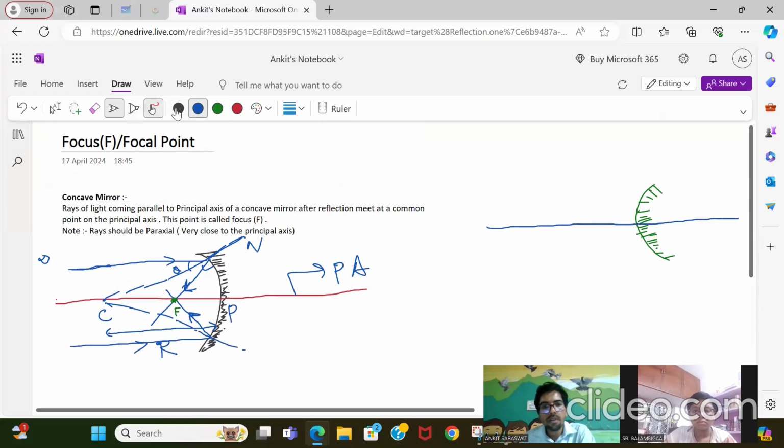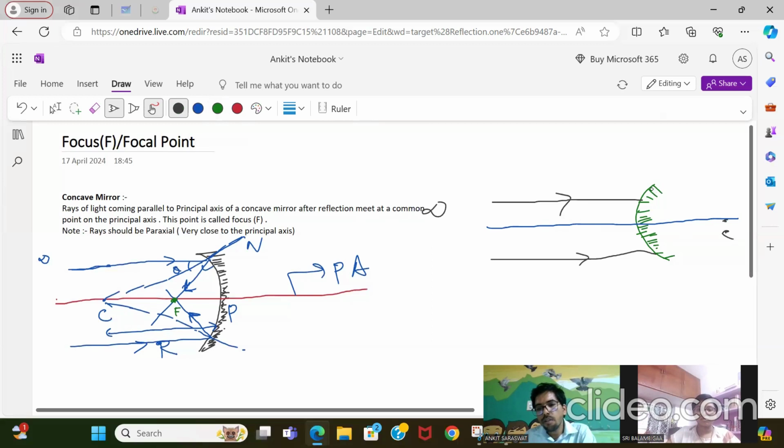So I have drawn rays like this. These two incident rays are coming parallel from infinity. Our object is at infinity.